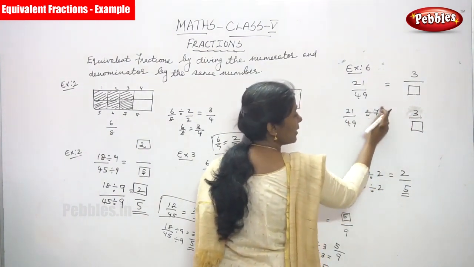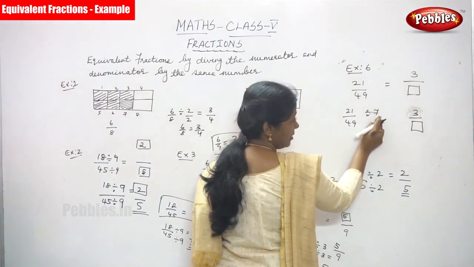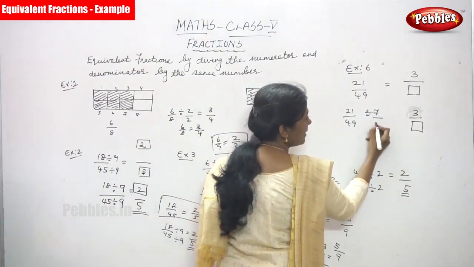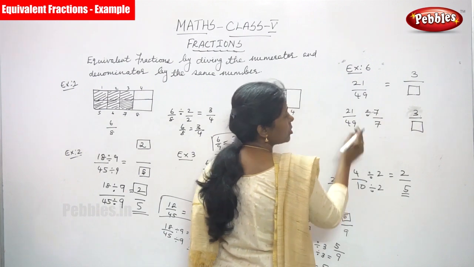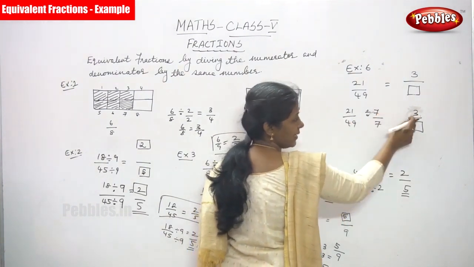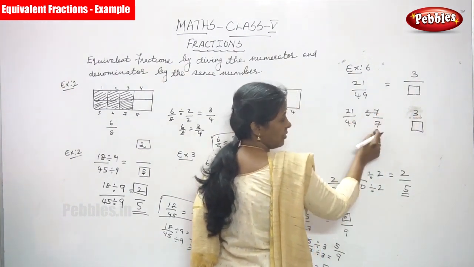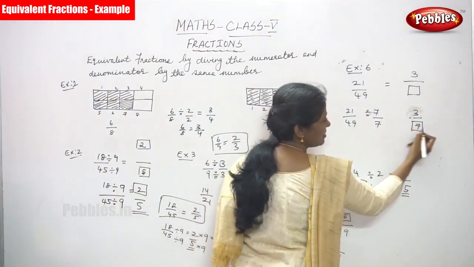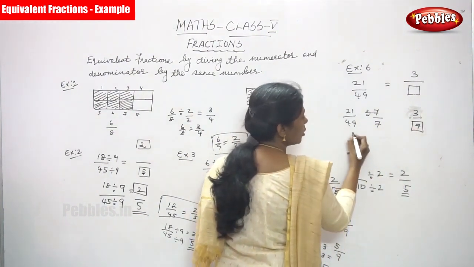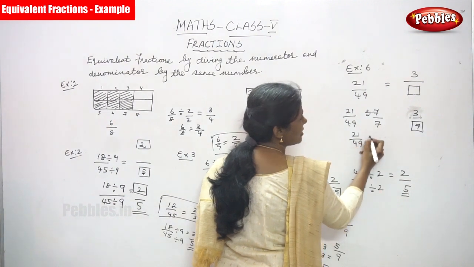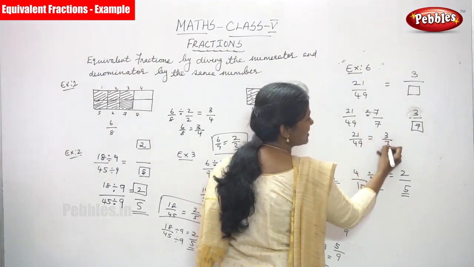So if the numerator is divided by 7, the denominator is also divided by 7. So 21 is divided by 7, you can get 3. 49 is also divided by 7, so you can get 7, seven sevens are 49. So 21 by 49 is equal to 3 by 7.